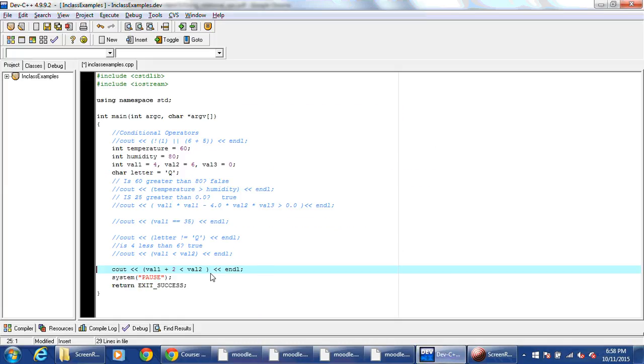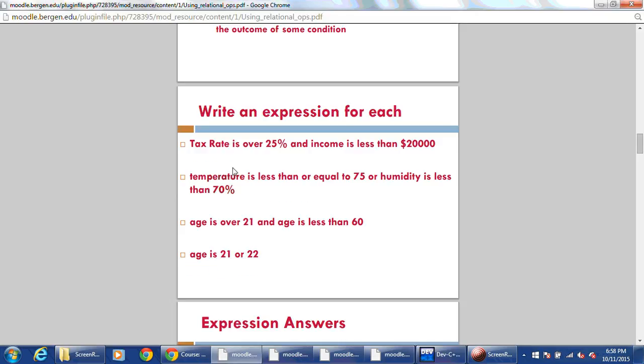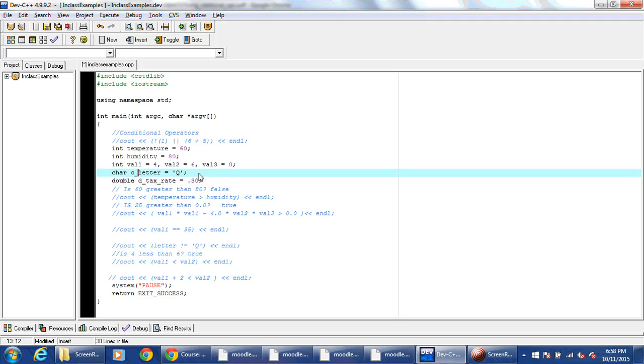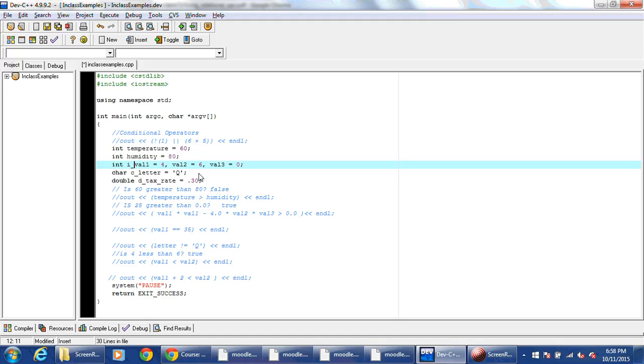Basically, if I was going to write that in an expression, you'd have a variable called tax rate. So I would say double tax rate is equal to some arbitrary number. We'll say D. Sorry, I haven't been keeping up with the naming conventions, but now is a good time to do it.